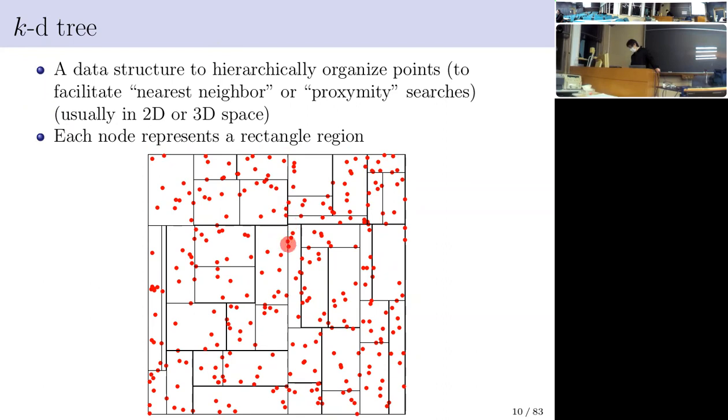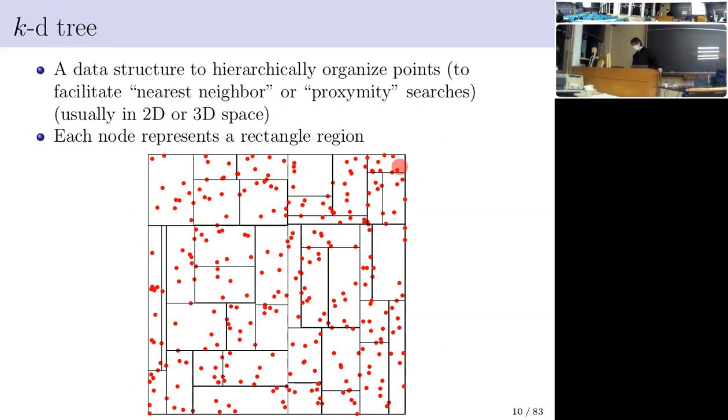The left one is split by this vertical line, and the other child is obviously this one. And this left child of the root again has 2 children, one is this one and the other is this one. So you simply repeat this until a single node becomes small enough, small in the sense that it does not have too many points. I guess you get it.